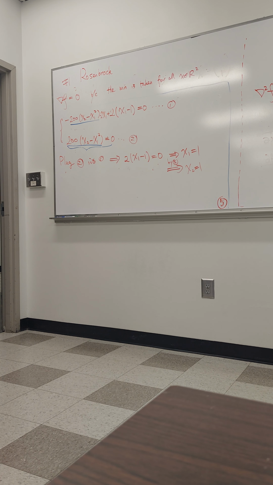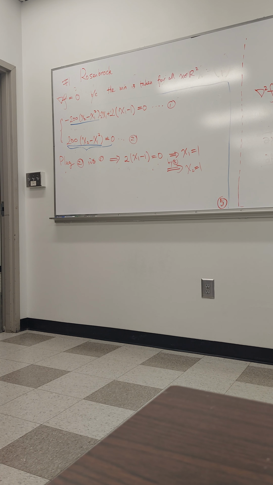So now let's take the derivative. This is our partial f partial x1, and this is our partial f partial x2. So partial f partial x1 twice means we take the partial derivative with respect to x1 of the first term.